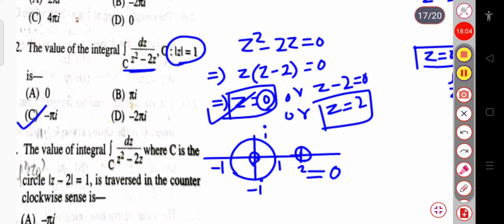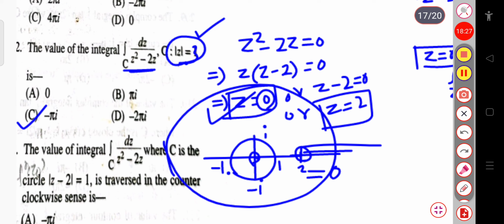So first of all, the important thing is you have to check whether this point lies within the circle or outside the circle. If the point lies outside the circle, you can directly put that integral to be 0. But if it is given mod z equal to 3, then definitely this point lies within the circle.